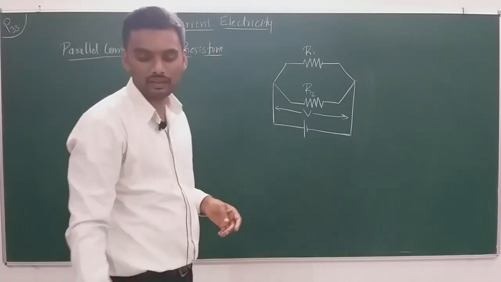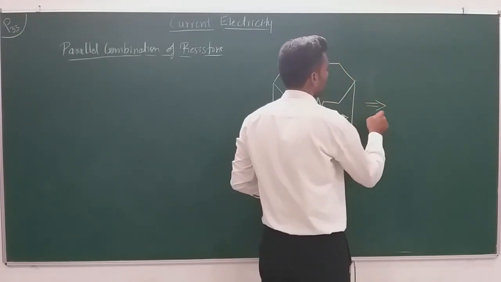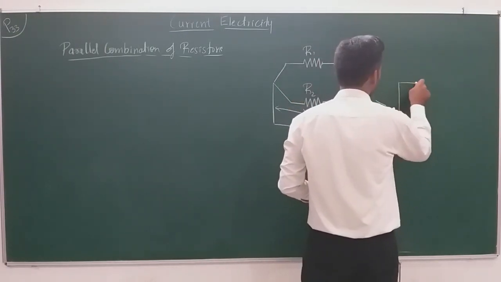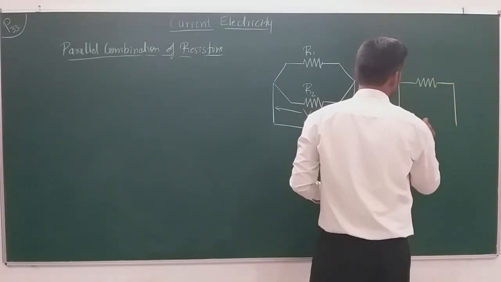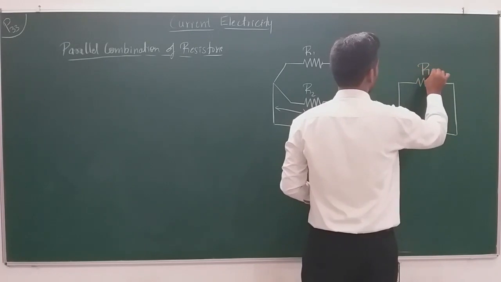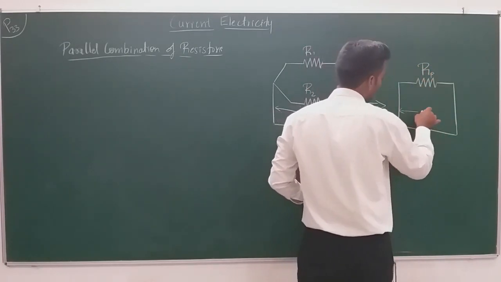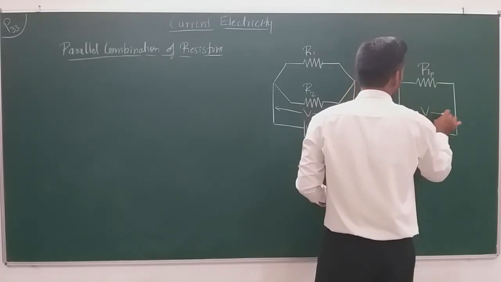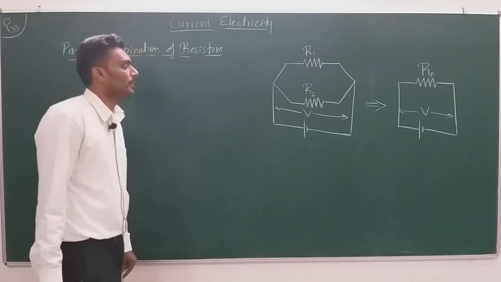Okay, clear with that? And the effective resistance looks somewhat like this. Effective resistance can be taken as Rp, because since it is a parallel combination, I am considering it as Rp connected to a battery of V volts again.